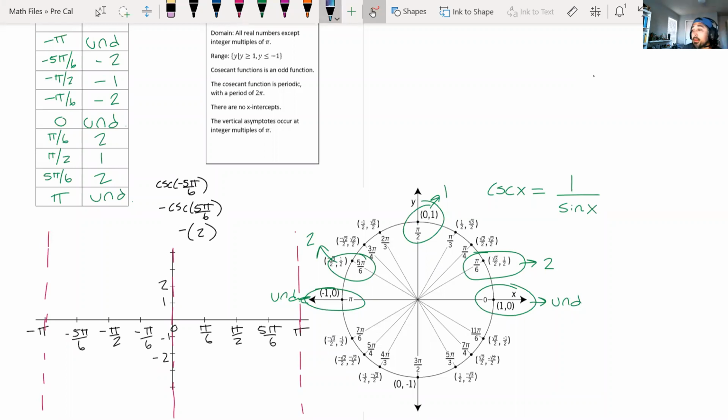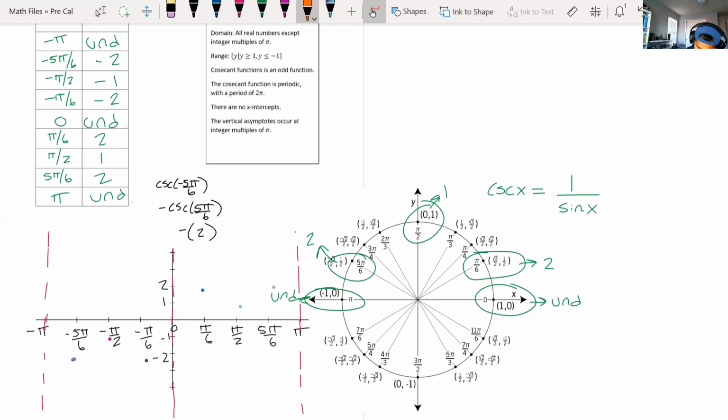Okay. Now here are my coordinates. At negative 5 pi over 6, we're at negative 2, and then negative 1, and then negative 2. I'm like way off, but it's okay. And then at pi over 6, I'm at 2, 1, 2. Okay. Well, here is what cosecant looks like.